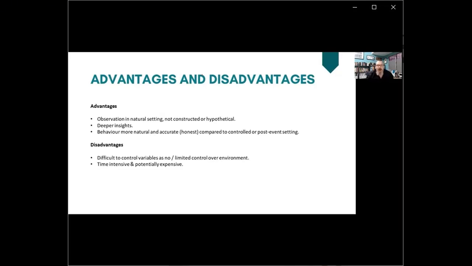It is also quite time intensive because you spend a lot of time in the field, and it is potentially expensive compared to other research. Now that's expensive in terms of your time, in terms of recording and noting, in terms of how we're going to go about analyzing the data as well.